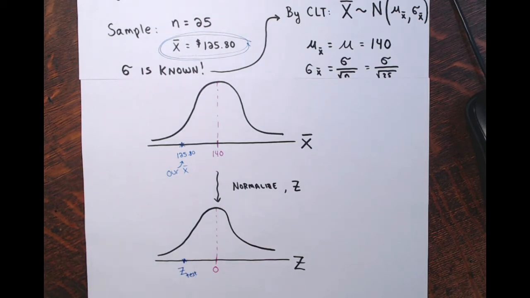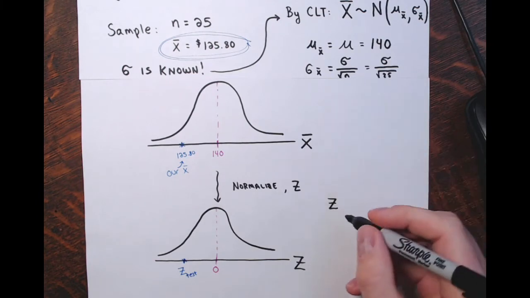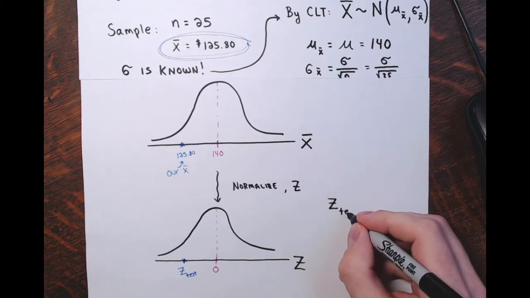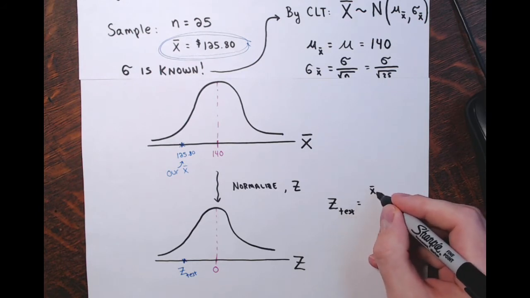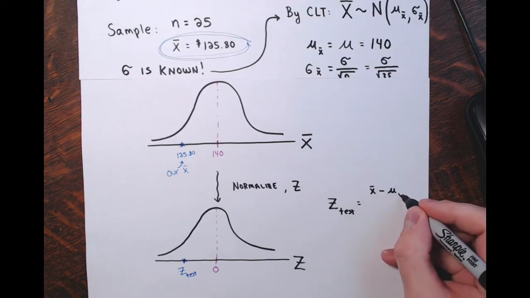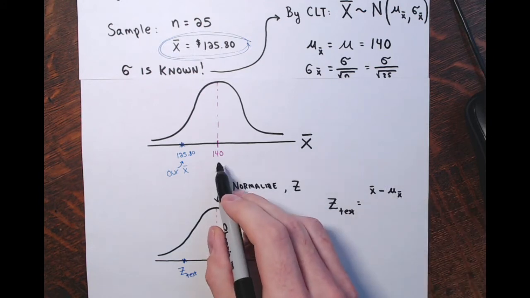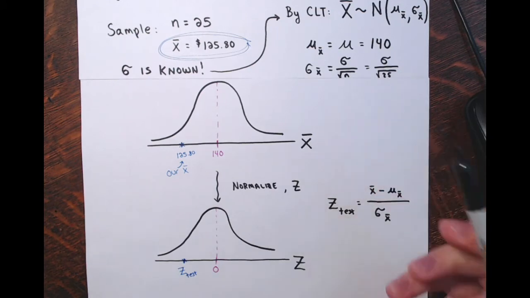Now remember how to calculate that. We don't know the standard deviation, but remember, z-test is you take your sample mean, the value for our particular sample, subtract the mean of the x bars, which was 140 here, and then divide by the standard deviation of the x bars, which is sigma over the square root of 25.